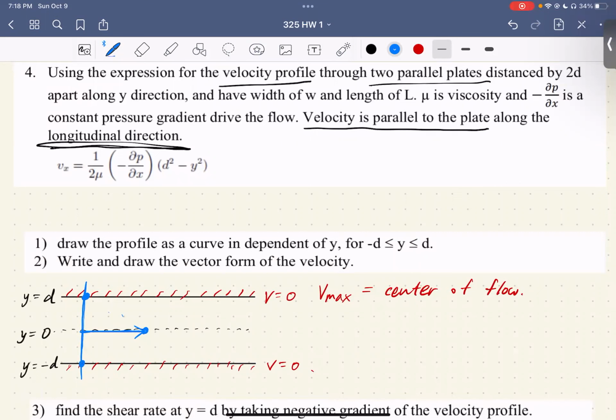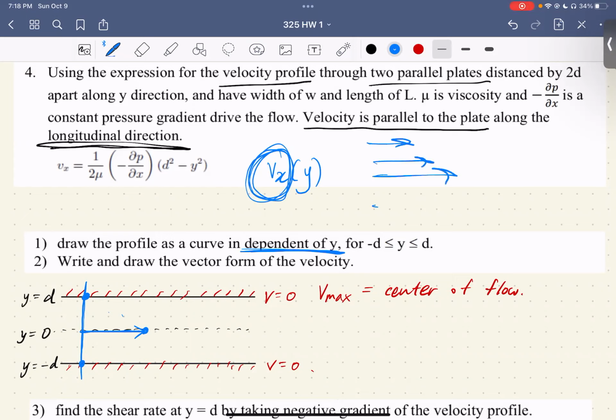So we know that the velocity profile is dependent on Y. As you can see in this expression right here, there's no X values. So we know that velocity, just going in the X direction, is dependent on your position in the Y direction. Let me clarify that one more time. The velocity in the x direction, right?